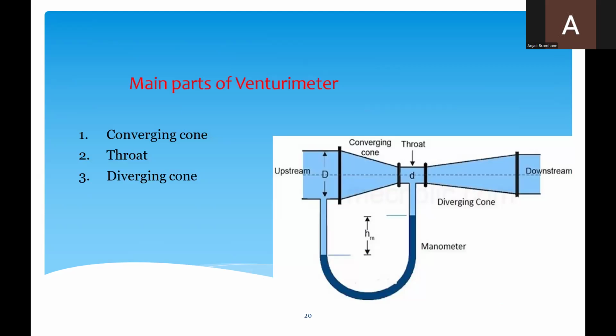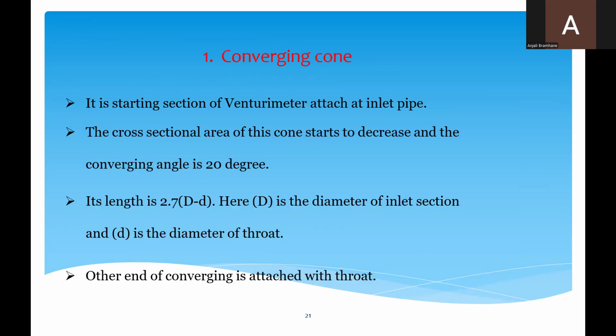The main parts of venturimeter are converging cone, throat, and diverging cone. Now see in figure, converging cone, throat, and diverging cone. First is converging cone. It is the starting section of venturimeter attached at inlet pipe, and the cross-sectional area of this cone starts to decrease.